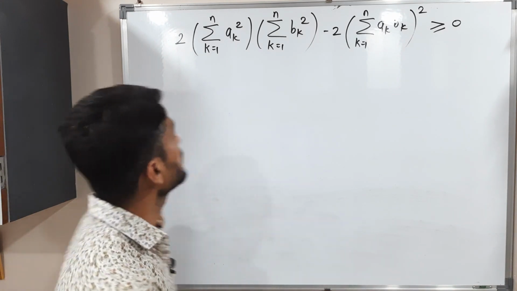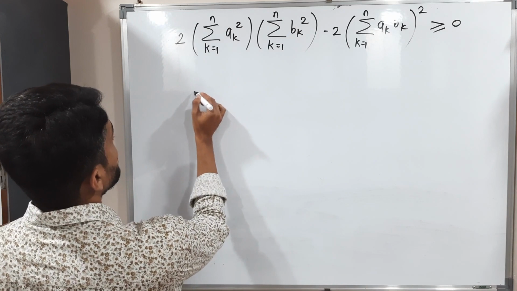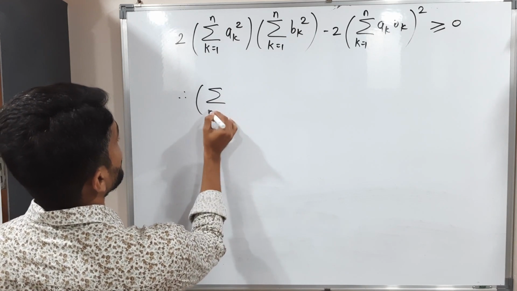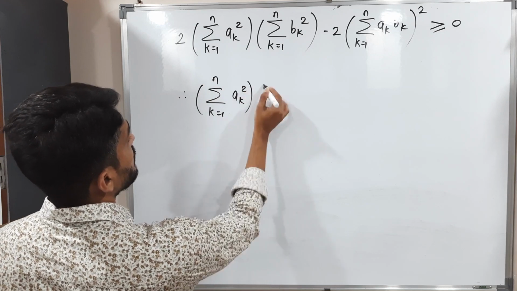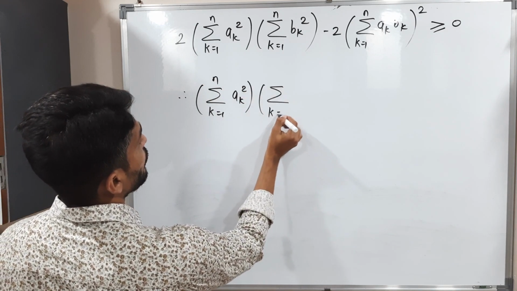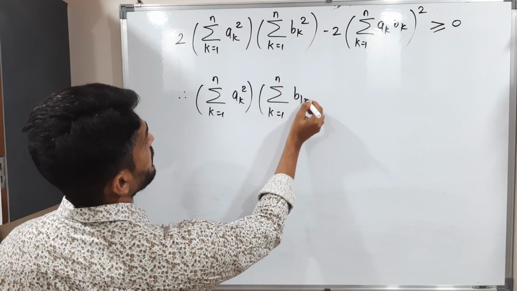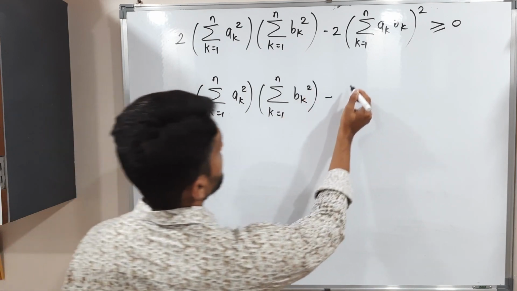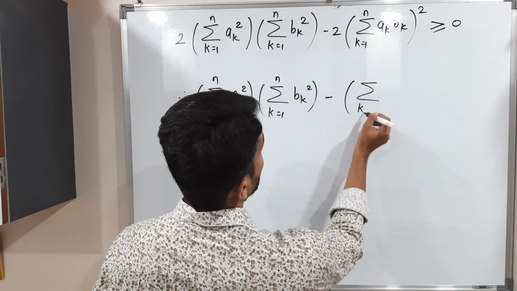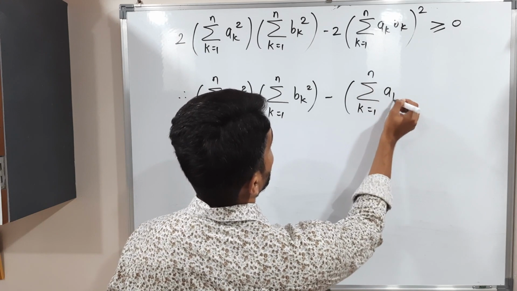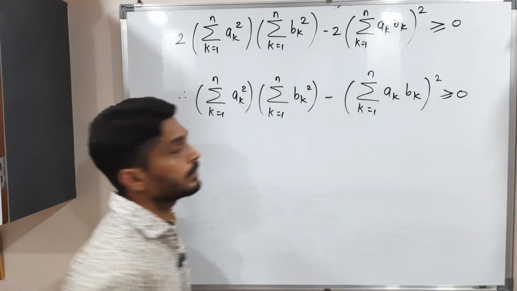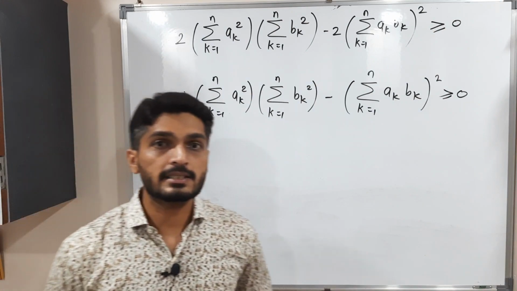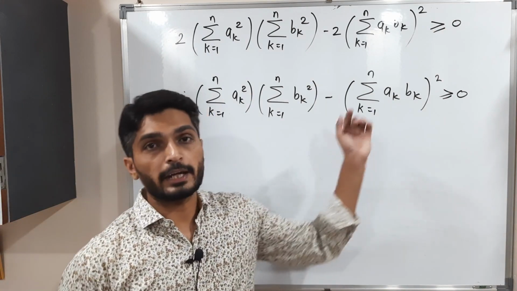So 2 will get cancelled, and therefore summation k running from 1 to n ak square, summation k running from 1 to n bk square, right, minus summation k running from 1 to n ak bk whole square greater than or equal to 0. So obviously my next step is to shift this bracket to that side.